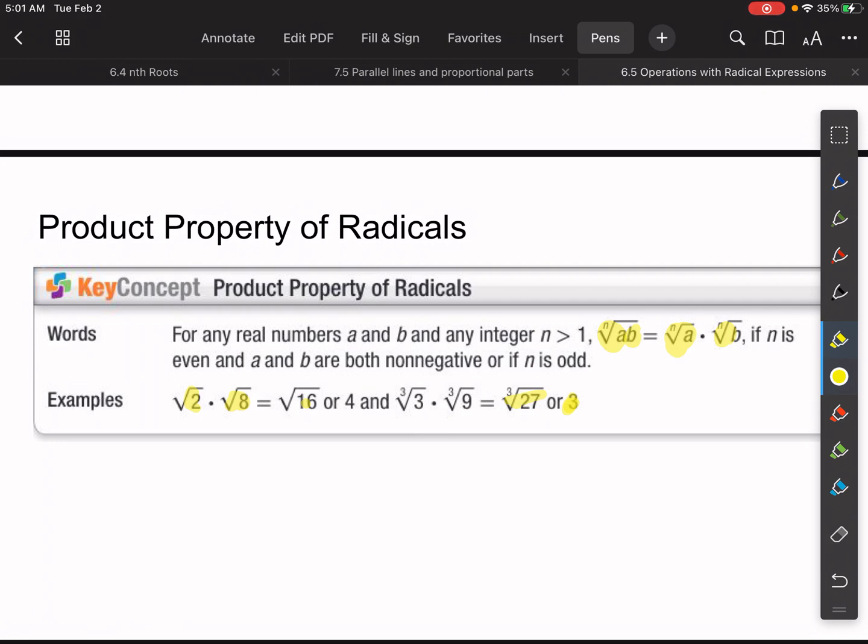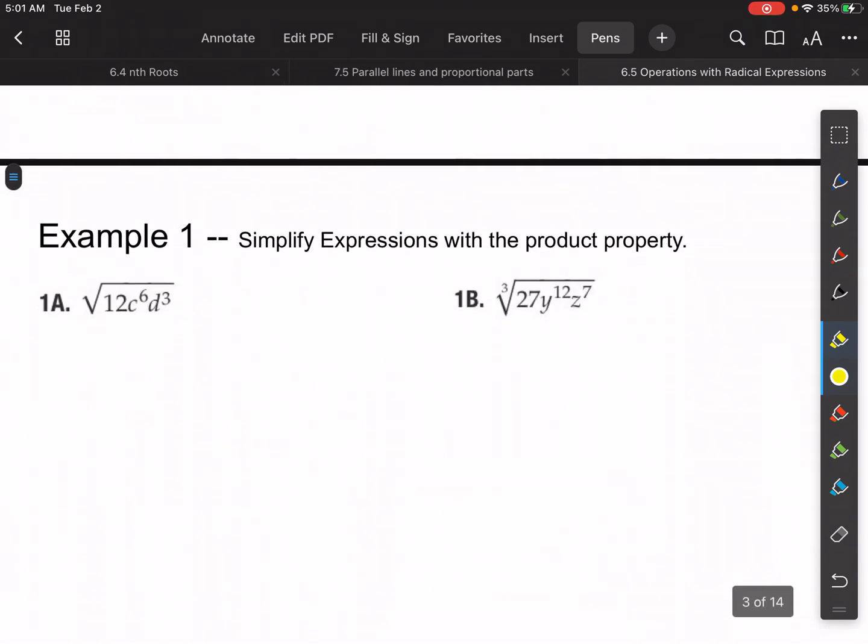So that's just the product property of radicals. Let's use that here in example 1. What I'm trying to do here is get this into even powers, because this thing is taking the second root. If it's a square root, it's just the second root.